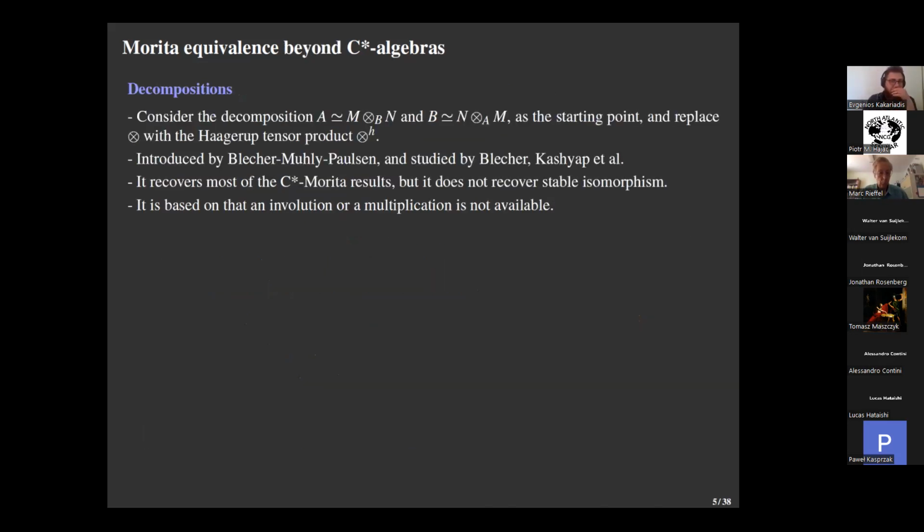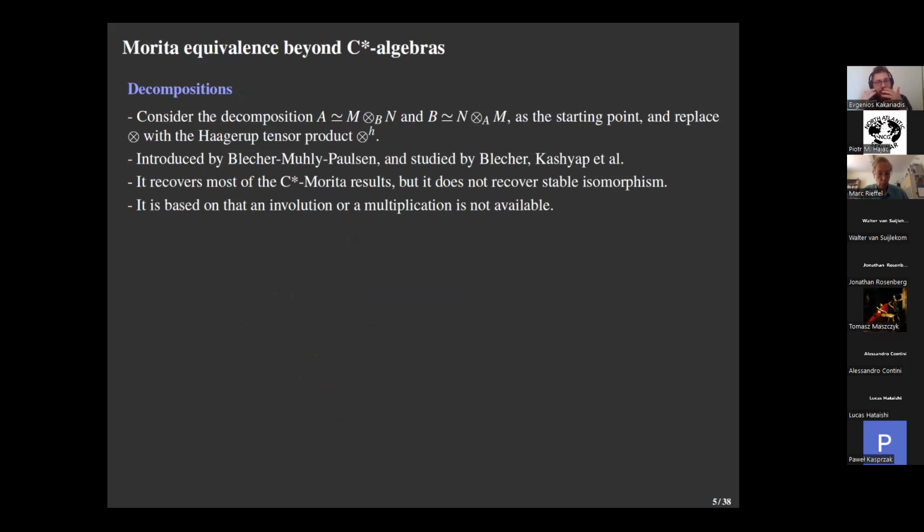And the first pathway that you can take is to take as a definition this decomposition of the algebras into some kind of tensor product. And instead of using a stabilized tensor product, you can use the Haagerup tensor product. That can be taken as a definition, and it has been introduced by Blecher, Muhly, and Paulsen for operator algebras, and has been studied in several works later by Blecher, Kashyap, and other people.